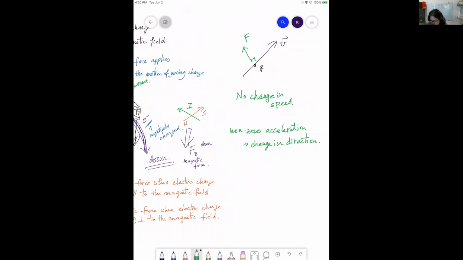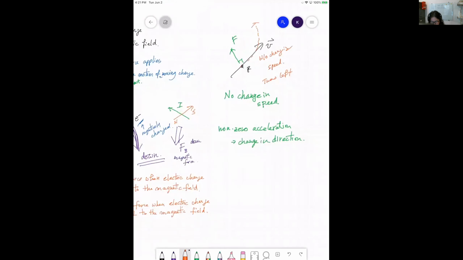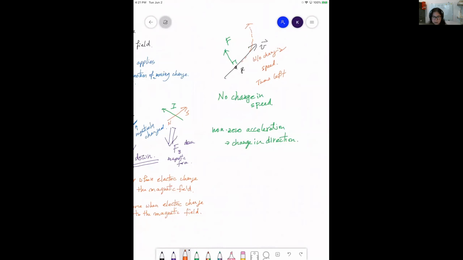That means that in this case, this particle will turn this way without changing speed, turning left of its motion. So again, that's how the magnetic force is applied.